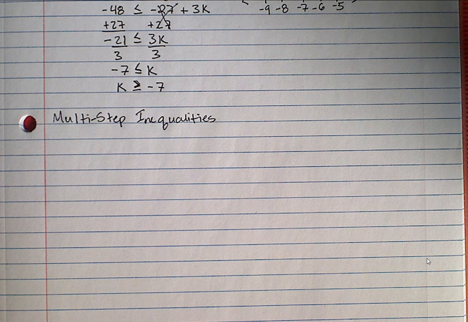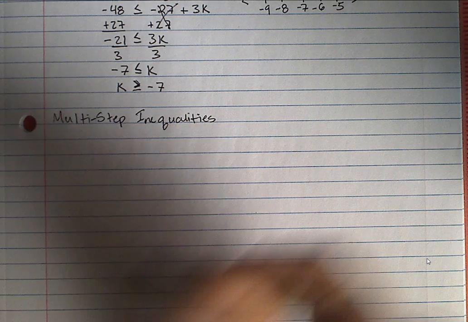We're also going to take some of those problems that had a lot of parentheses and a lot of distributing into it, and we're going to see how we're going to deal with that in problems that have the inequalities. Also, like I said, we're going to talk about one of the exceptions, and let's talk about that exception first.